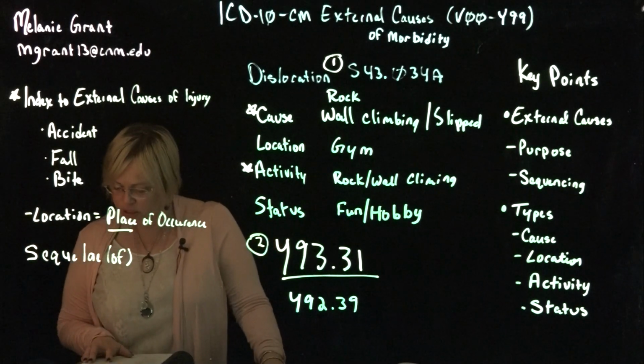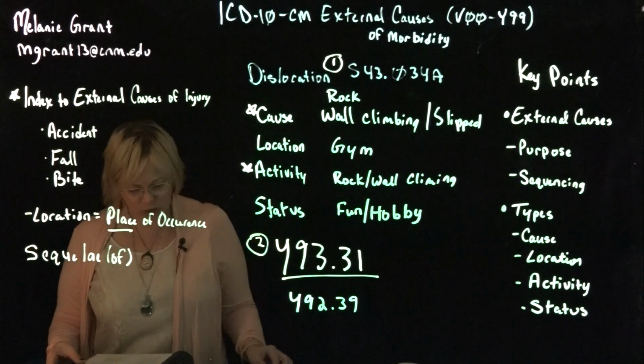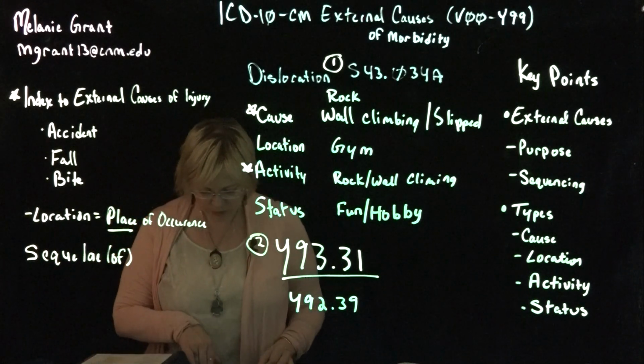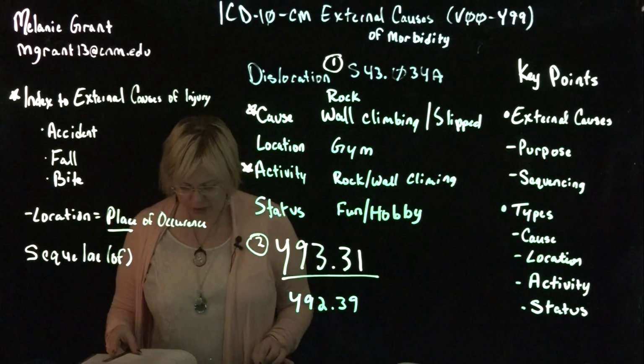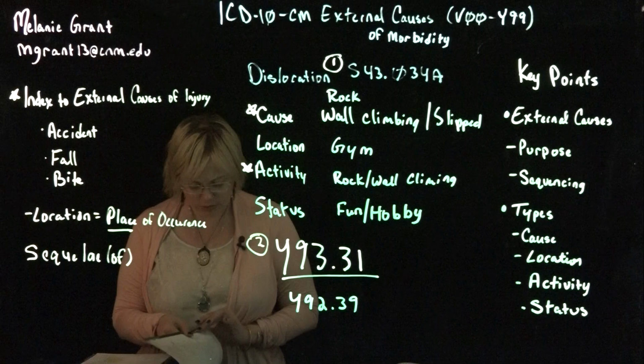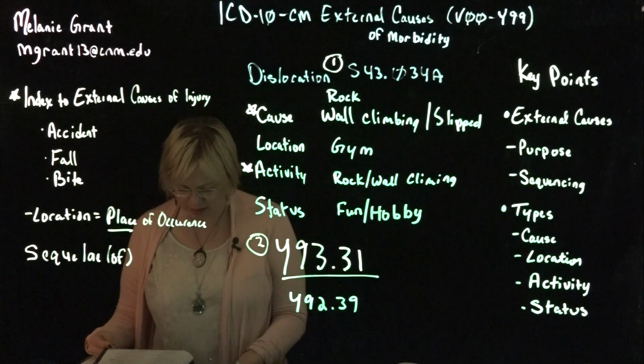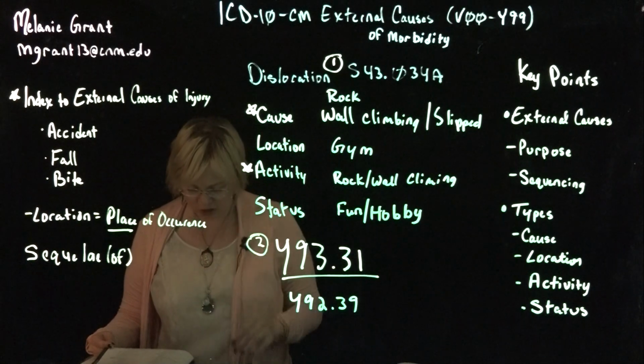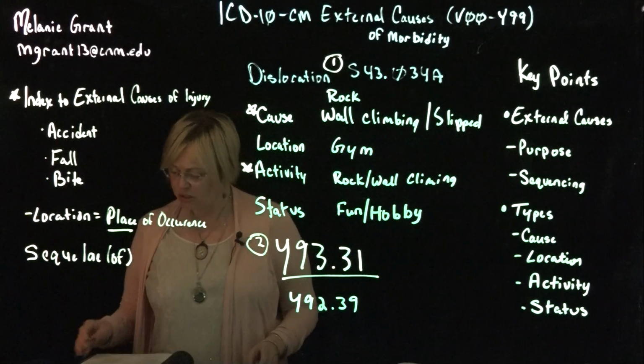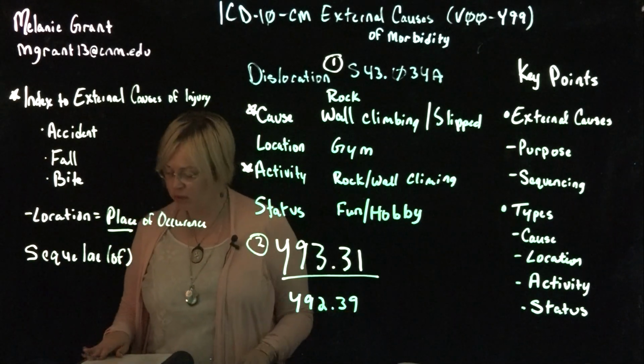Now, for Y92, I have the options between .0, .1, .2, and it goes on to .8, and then .9 eventually. So I'm keeping in mind the .39 was listed.